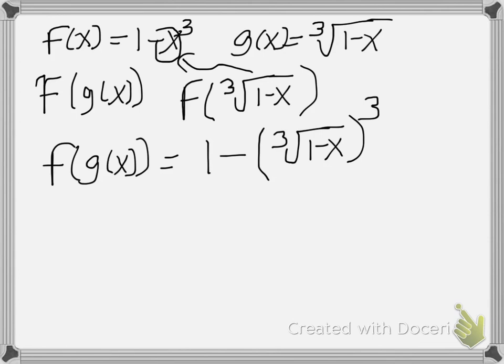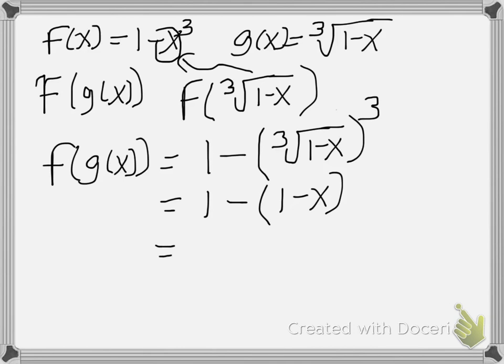Okay? Well, I need to simplify this because, what am I looking for? I want this to simplify down to x. If it simplifies to x, we're good. If it doesn't simplify to x, we're not good. Okay, so I've got 1 minus, well, the cube root of something cubed, that basically cancels it out, right? So this 3 and this 3 cancel out, and the cube root cancels out, so I have 1 minus the quantity 1 minus x.